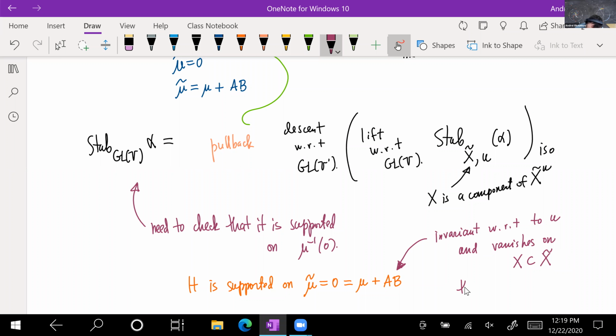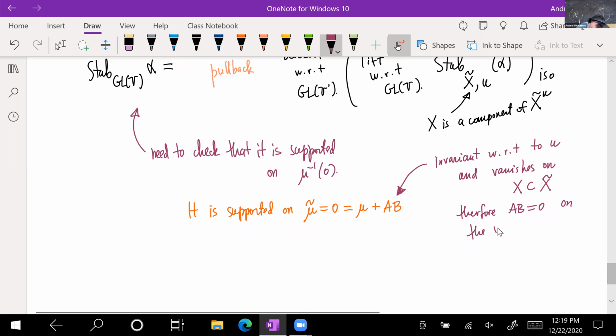And so therefore A times B equals 0 on the whole U attracting manifold.